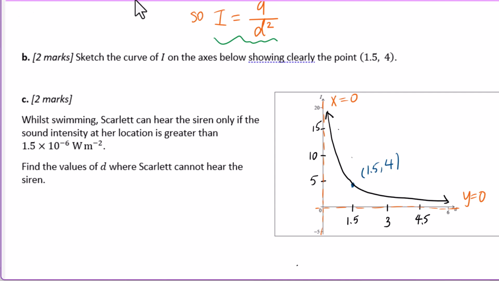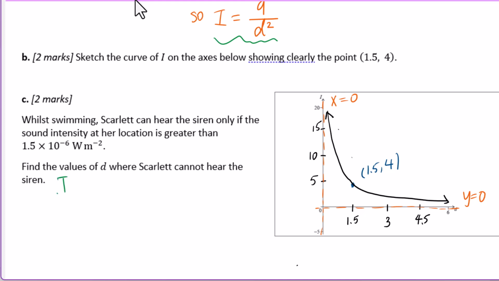Let's go to C. Scarlett can hear the siren only if the sound intensity at her location is greater than 1.5 times 10 to the negative 6 power. Find the values of D where Scarlett cannot hear the siren.